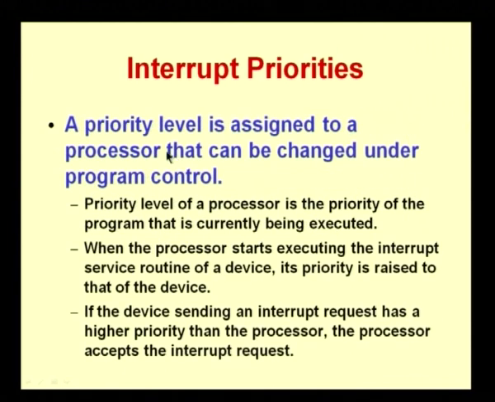Therefore, what we need to do for this is assign priority levels. A priority level is assigned to a processor, and it can be changed under program control. How do I assign this priority level? This is normally done by setting a priority bit in the processor status register. So, you will have the priority of the current program that is being executed available in the processor status register.